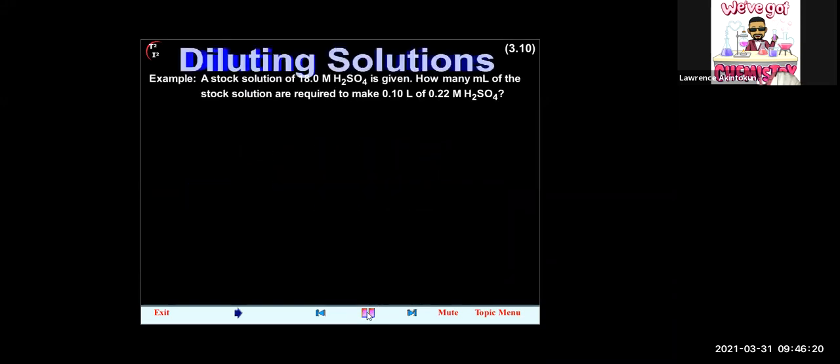Example: a stock solution of 18 molar H2SO4 is given. How many milliliters of the stock solution are required to make 0.10 liters of 0.22 molar H2SO4?